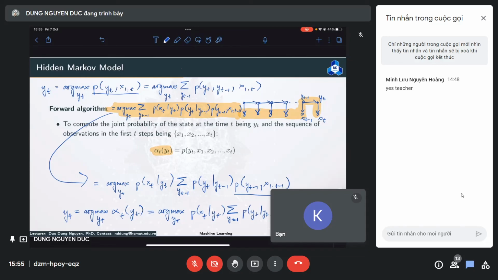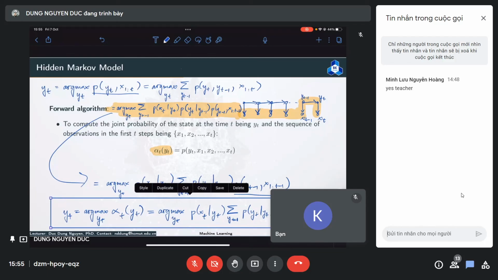Well, now we end up with a very good thing. That is the formula that you need, a recurrent equation. It's a way for you to define alpha t of yt from alpha t minus 1 of yt minus 1.